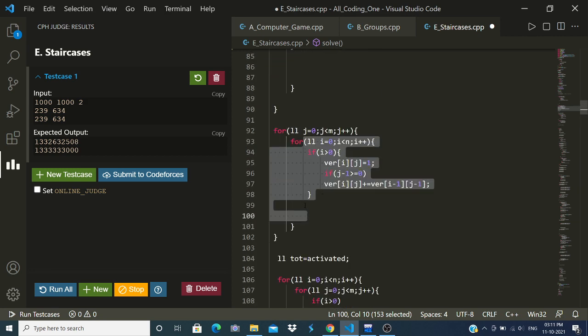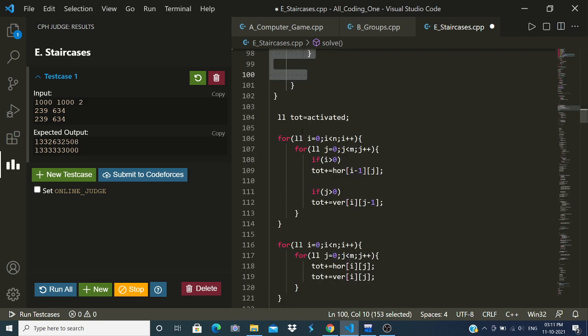It is very analogous to the vertical. Now I am having this total. Total is basically storing, initially, the answer, right?